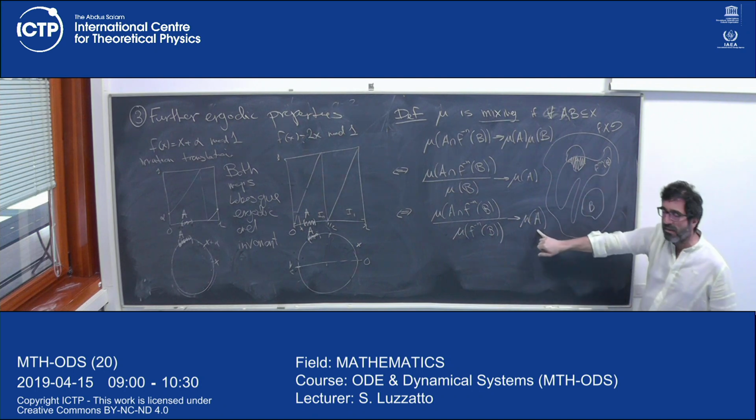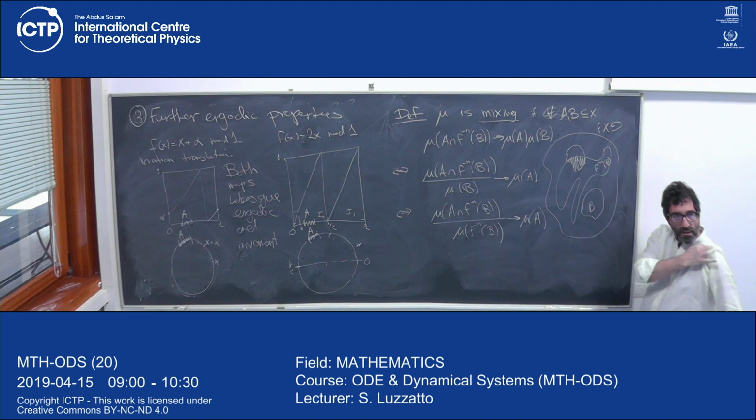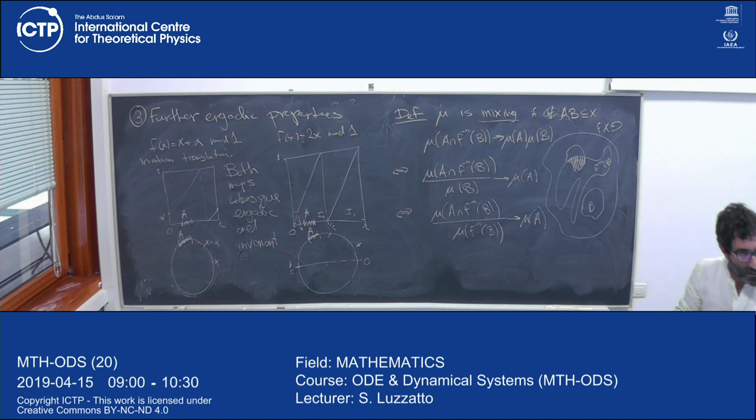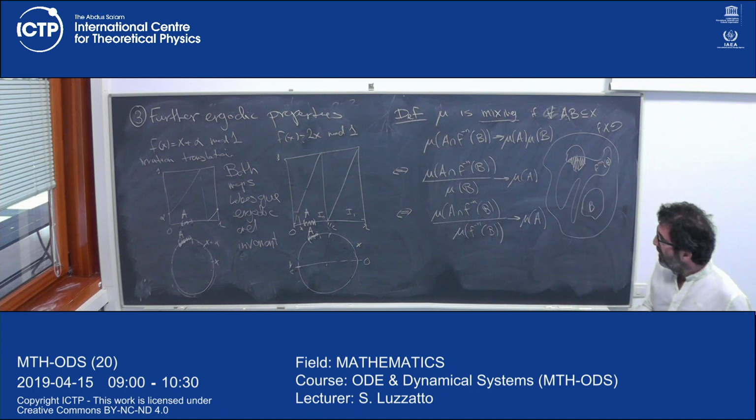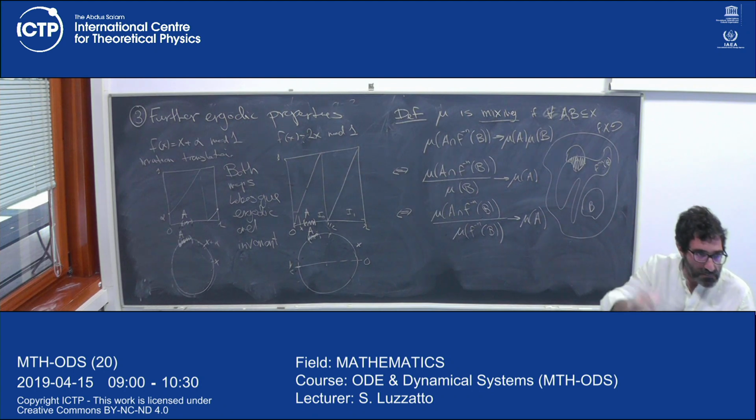The fact that this converges to mu of A, what does that mean? We can say this proportion is a sequence of measures, and this sequence is converging to the measure of A. A has a certain measure, let's say 1/2.